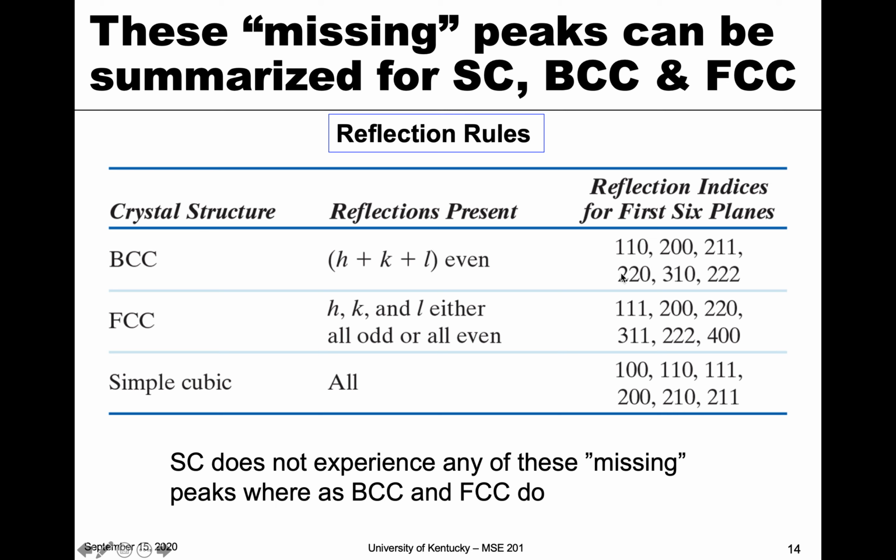BCC has a particular ordering of peaks, and the rule is that H plus K plus L is always even. FCC has a different rule, where the values of H, K, and L are either all odd or all even. And then diamond cubic, which isn't listed here, has additional rules as well.